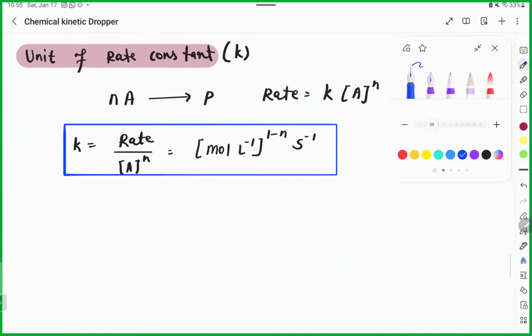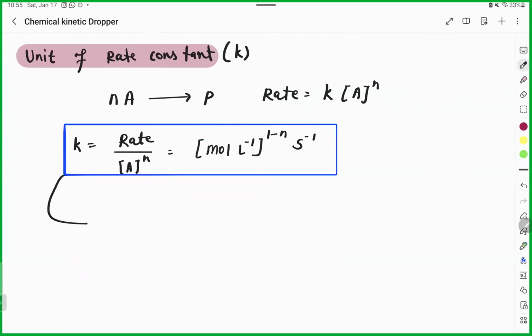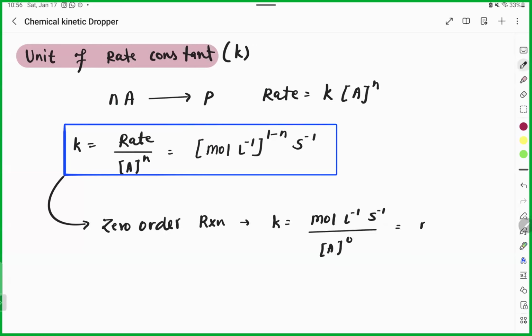Example, if you take first zero order reaction. If you calculate for zero order reaction, what is the unit of K? Rate unit is mole per liter per second, and here in the denominator you have zero, so it will be the same, mole per liter per second.